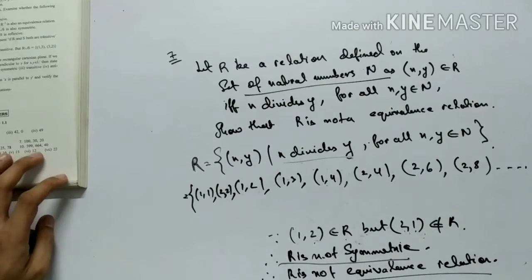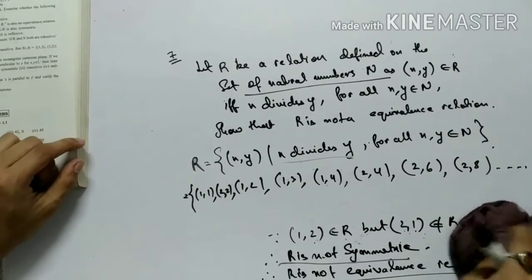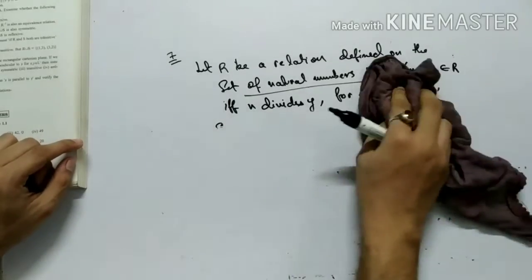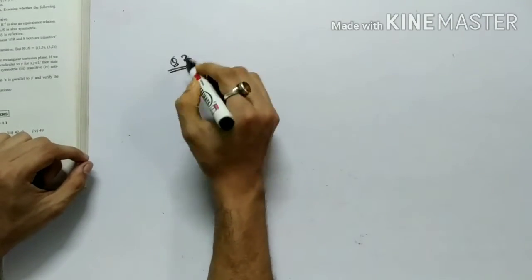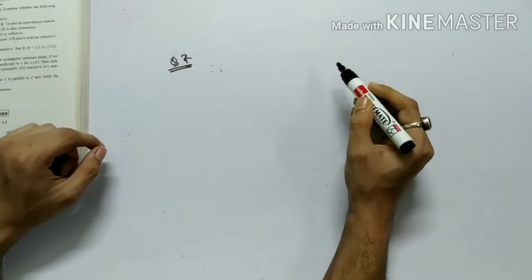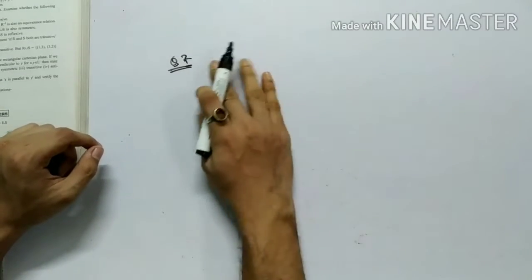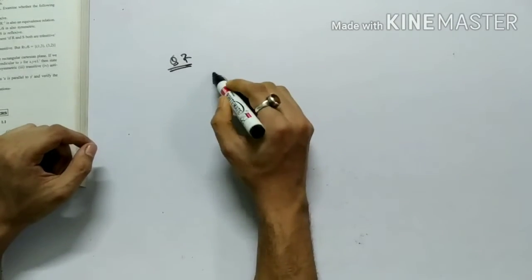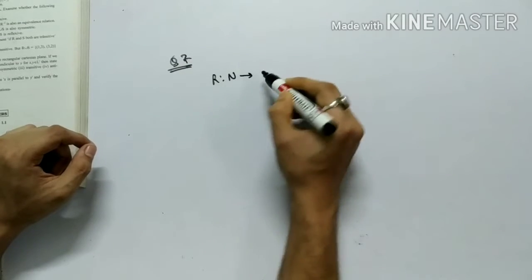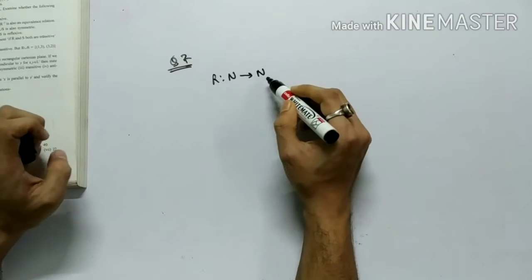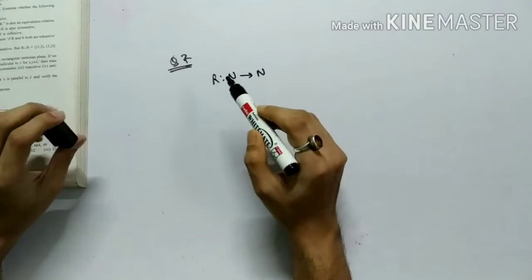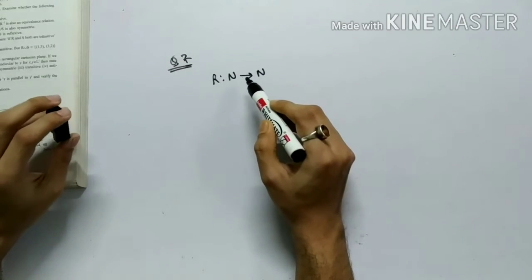Okay. Next, I will go to question number 8. Or, you see question number 7. One more time I am showing you question number 7. In this way also you can do it.